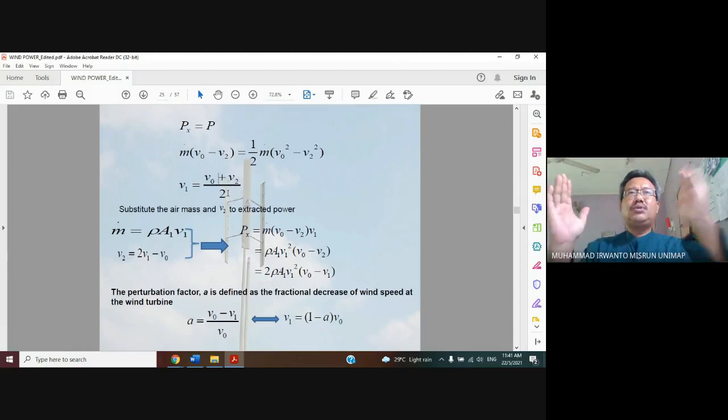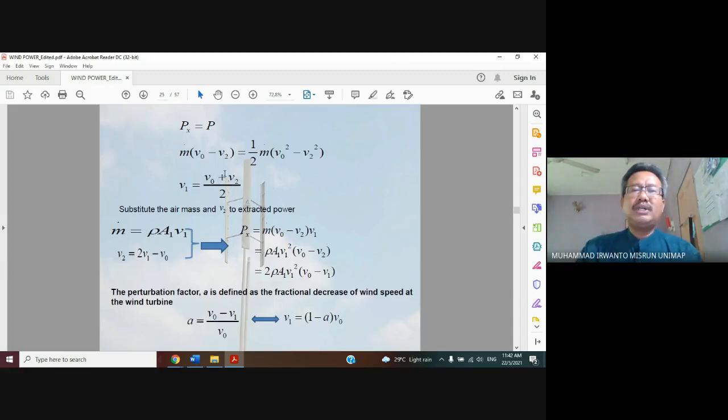Means V1, if V0 is in front of the wind turbine, arriving at the wind turbine, V1 after striking this wind turbine, and goes to behind the wind turbine, V2. So V1 here is equal to the summation of V0 plus V2 over 2.